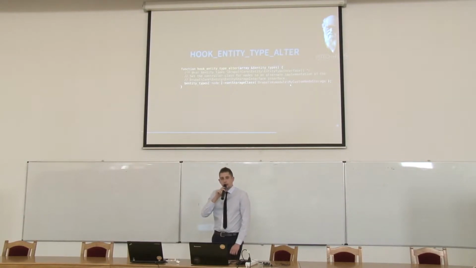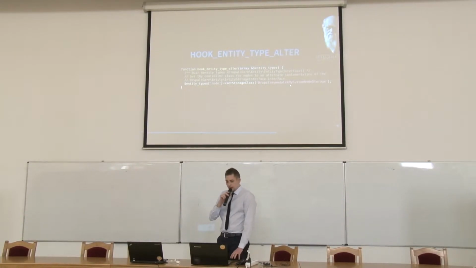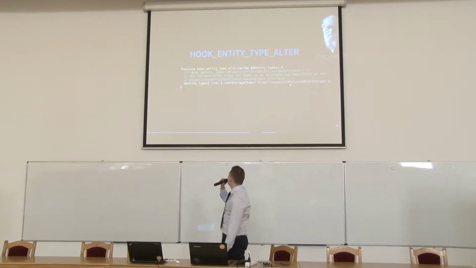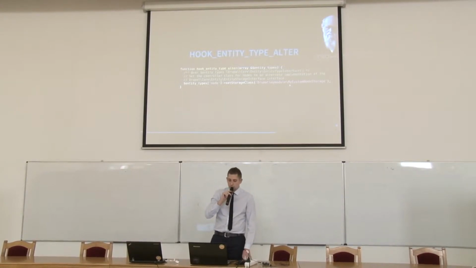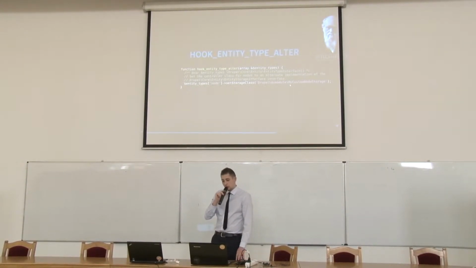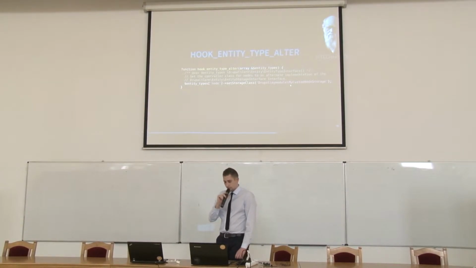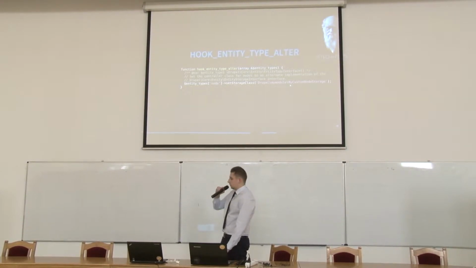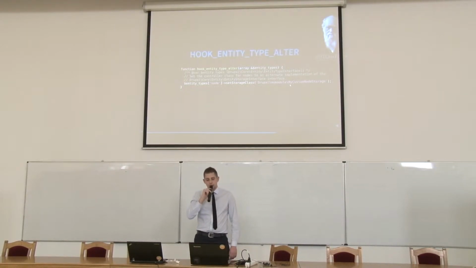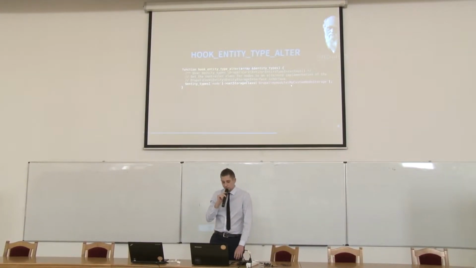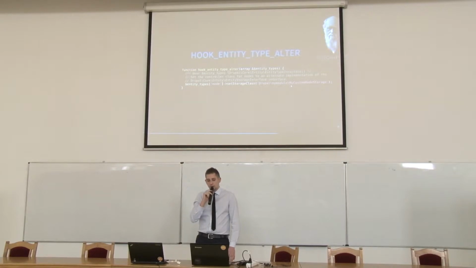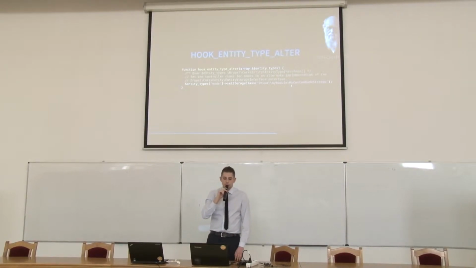Then we have the hook entity type alter that alters the definitions of the entity type. It is very important that the core, for every alter hook, will check if the array that we get from this hook has the same keys as the array that was passed to this hook. And if there are some new keys, it will throw an exception.